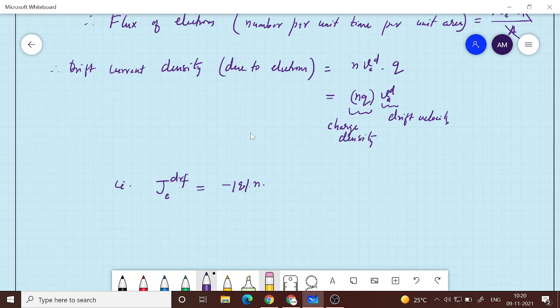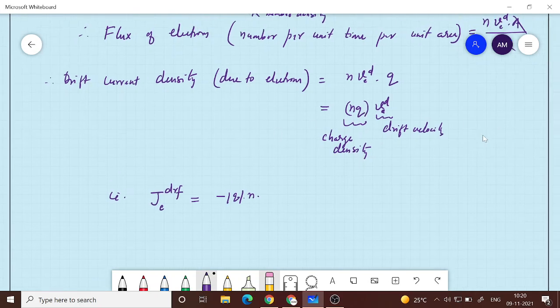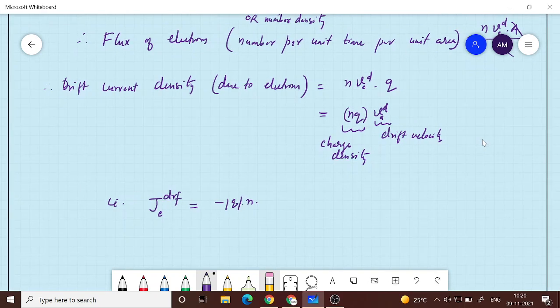And a little while ago we said this velocity is proportional to mobility, so the expression for mobility was also given. So mu e into E, where mu e is the mobility. I took V_d E as mobility of electron into electric field.